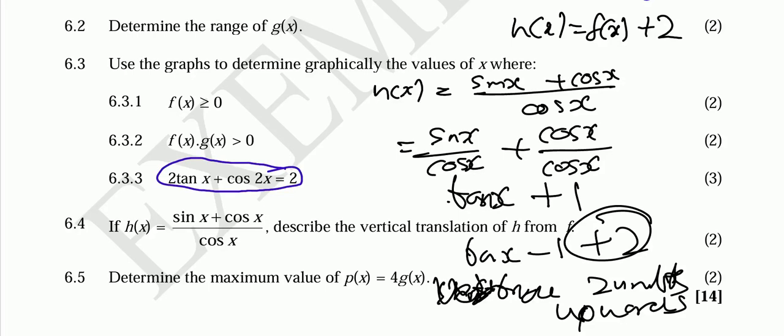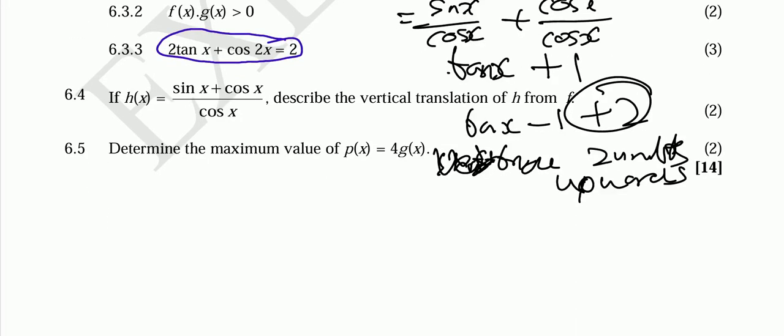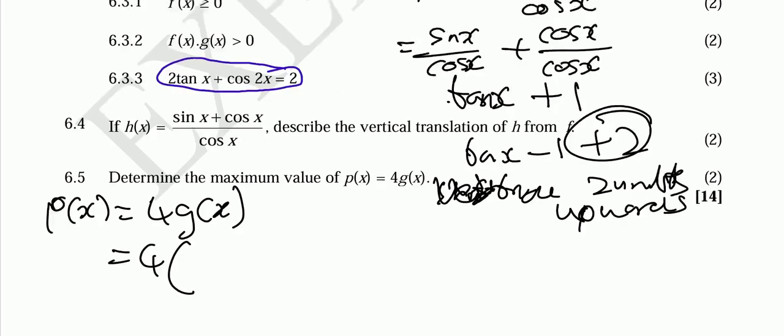Right? Okay. Then 6.5, which is the last question, they say determine the maximum value of p of x is equal to 4g of x. What is our g of x? Let's go and check it.